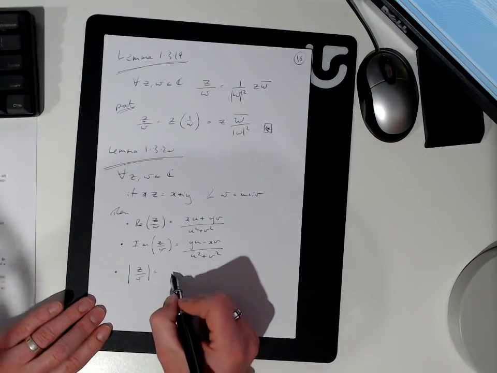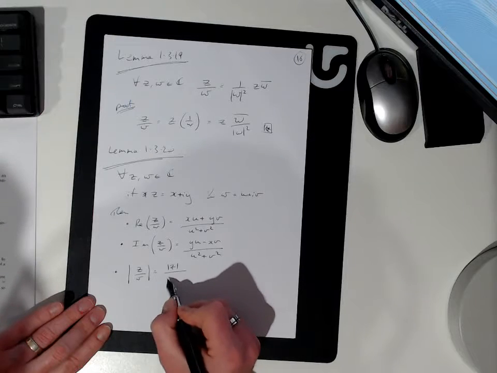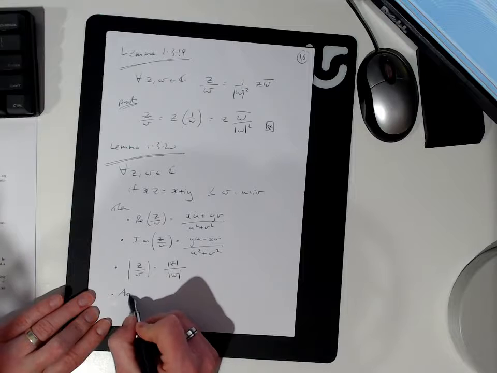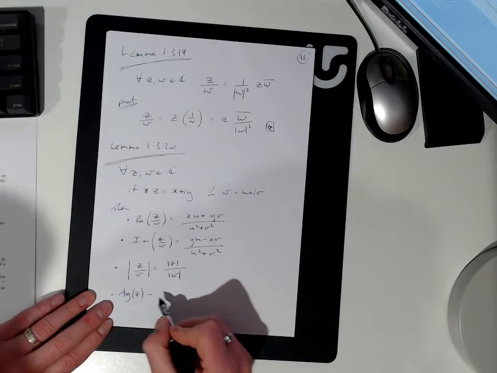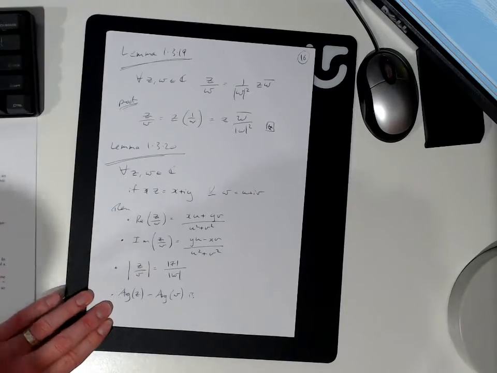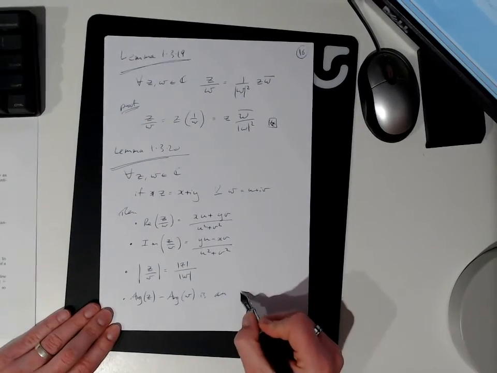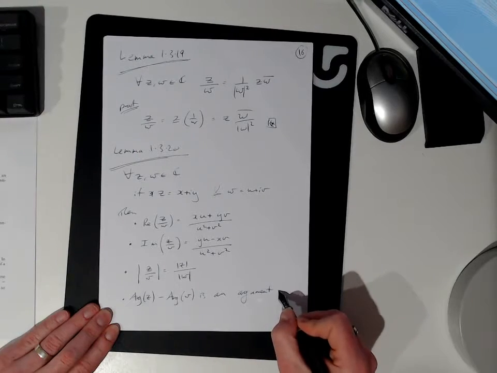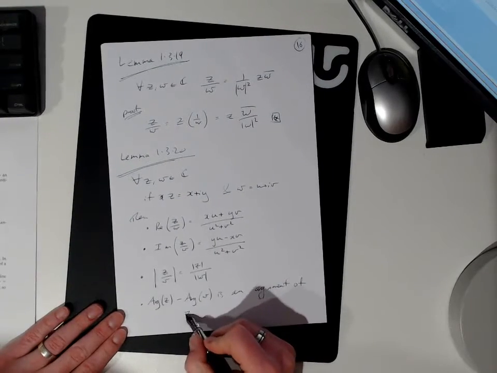of the division is, predictably, the division of the modulus. And arg z, the principal argument of z, minus the principal argument of w, is, as before, only an argument of the quotient.